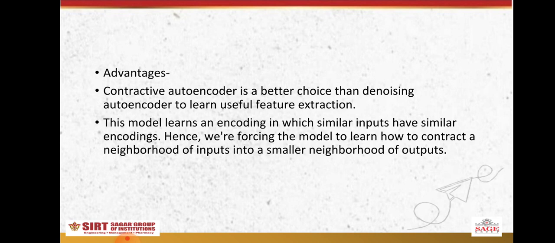This model learns an encoding in which similar inputs have similar encodings. Hence, we are forcing the model to learn how to contract a neighborhood of inputs into a smaller neighborhood of outputs. So, these were the advantages of autoencoders. Thank you.